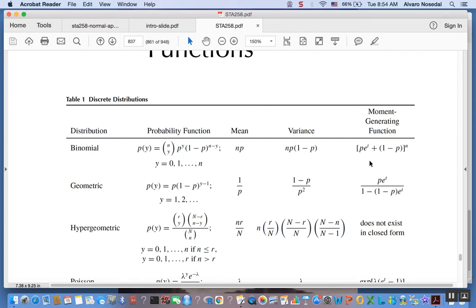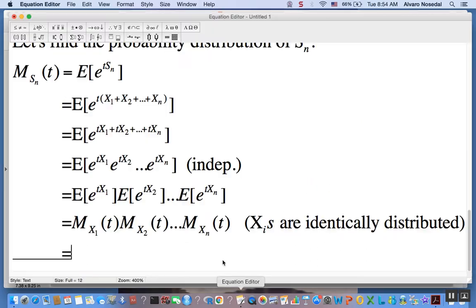So if we have a Bernoulli random variable, what we said is that a Bernoulli random variable is a particular case of a binomial when n equals 1. So p times e to the power t plus q, that would be the MGF for our Bernoulli. So here we go: p e to the power t plus q.